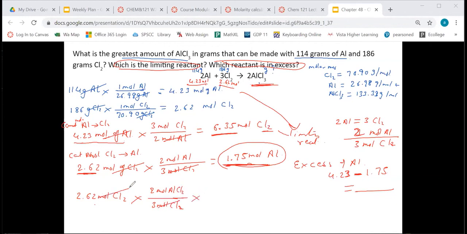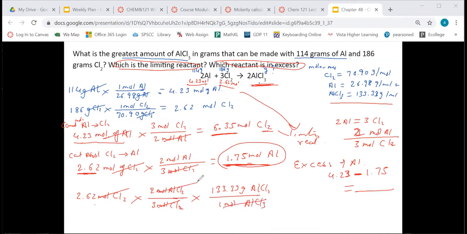This and this get canceled, and now you have moles. You need to find the mass in grams. So you're going to use the molar mass, which is 133.33 gram of AlCl3 over 1 mole of aluminum chloride.